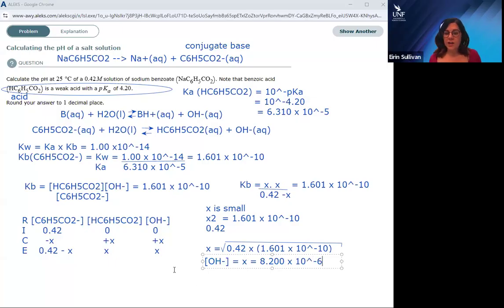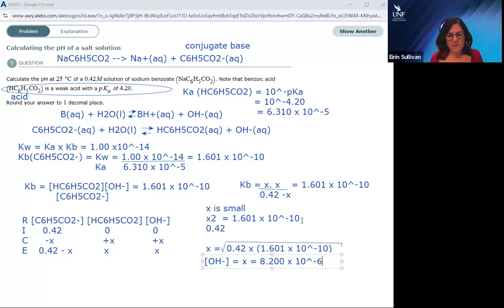So we do have to do a quick checky check to make sure the X is small approximation is valid. Now, I've very quickly eyeballed this already because I looked at the 0.42 minus X. If X is something times 10 to the power of minus 6, that is like 6 orders of magnitude difference, right? So it's not going to make any difference to the 0.42 minus X. You can calculate the percent ionization, right?